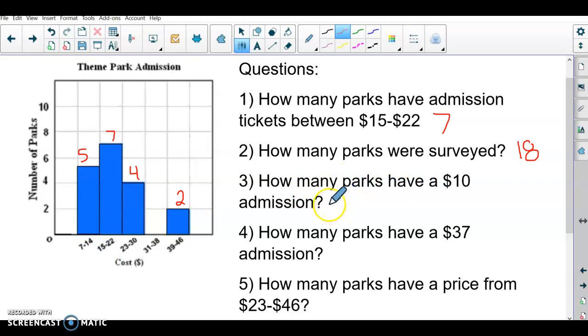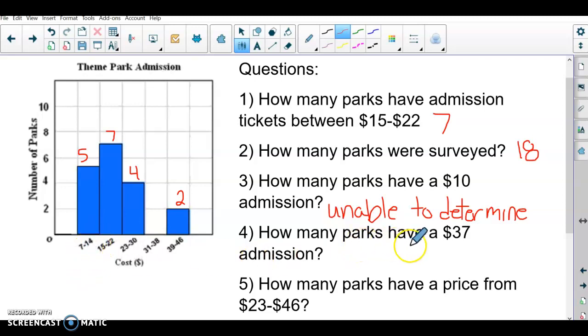So we write something like unable to determine. Not enough information, cannot be determined. Don't ever write I don't know, because I don't know means you don't even have a clue, but you cannot tell is better than an I don't know answer. So you're unable to determine how many have a $10 admission because this is a range here.